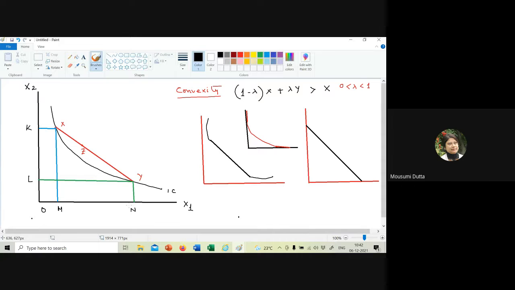At x, I am consuming OM amount of x1. First I'm considering the point x. The consumer is consuming OM and the amount of x2. What is the amount of x2?